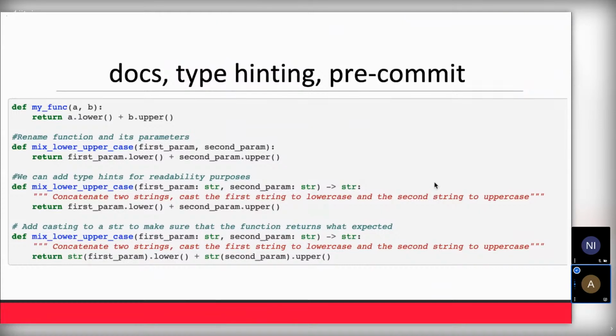Another story is about documentation, type hinting, and the usage of pre-commit. Documentation is always useful because some of the functions could be really tricky to read. I'm not saying right now whether it's a bad or great function, it doesn't matter, but sometimes the documentation adds something to it.